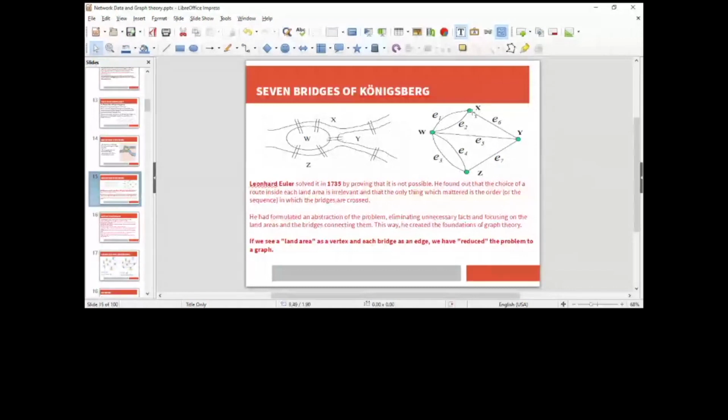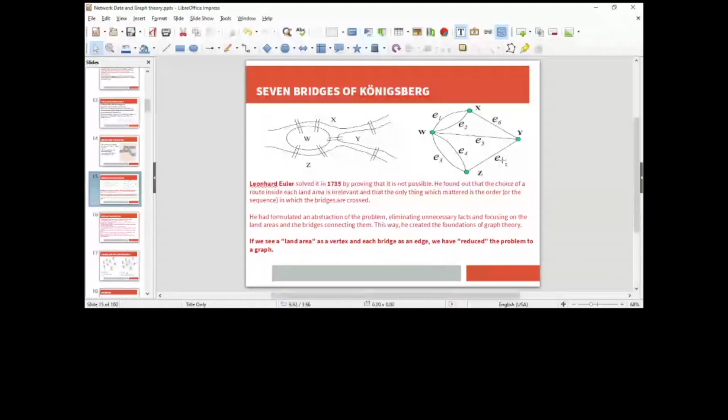If you look well, you will see that there are 7 connections for 4 land areas. Like you can see, they are now labeled E1, E2, E3, E4, E5, E6, E7.